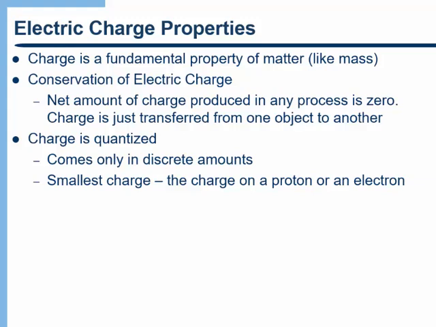And any amount of charge is made up of those individual discrete charges. So it turns out that the charge on a proton or the charge on an electron are the smallest amount of charge we have. And as we'll talk about in a minute, protons are positive, electrons are negative, but the magnitude of those charges is the same. So that's the smallest amount of charge that we can ever measure.